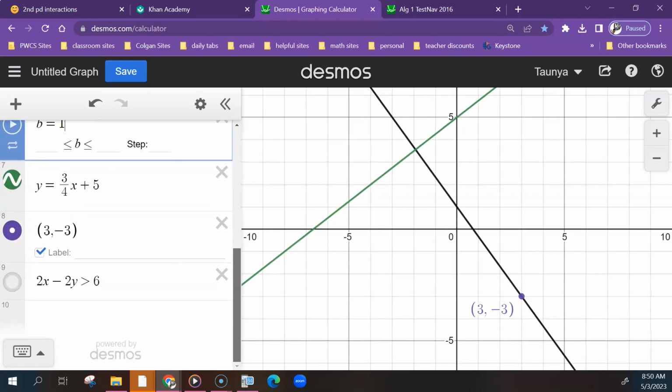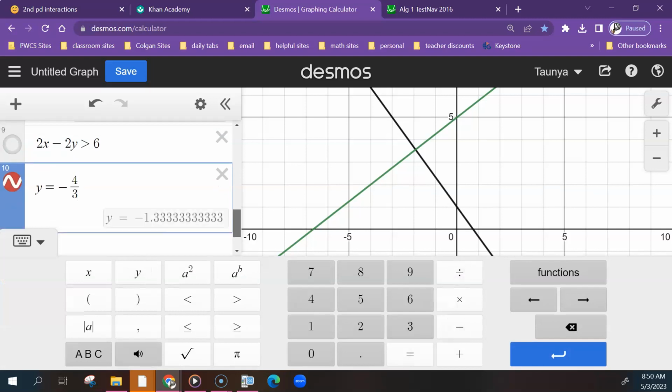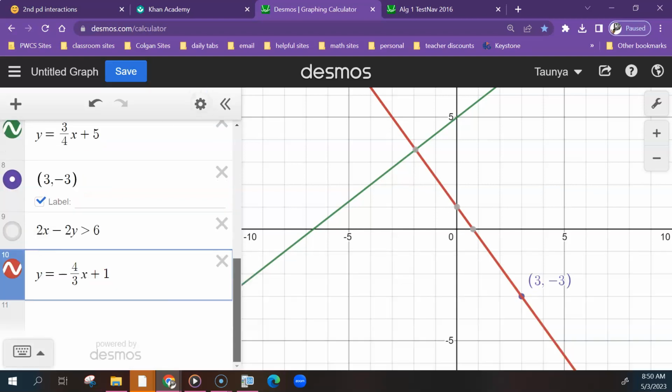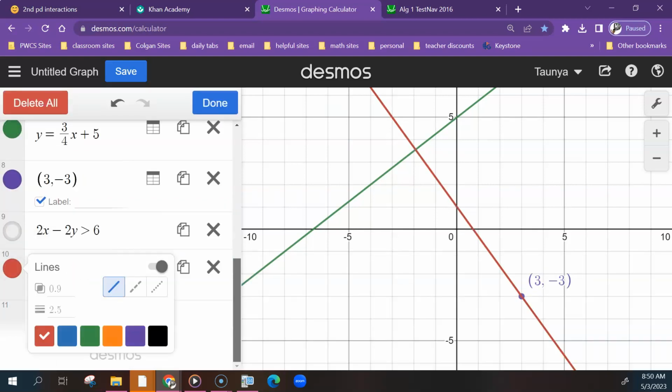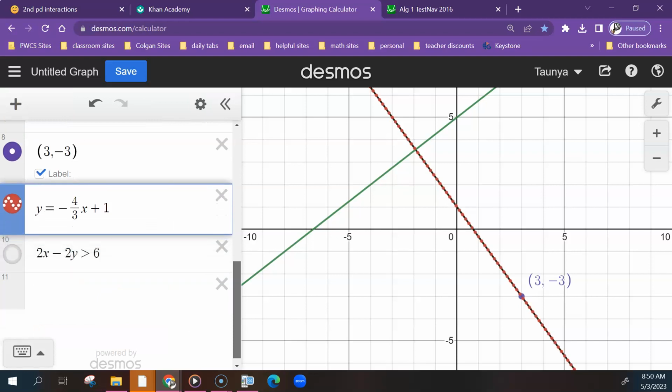So the equation for that, and I forgot to put this in there, would be y equals negative 4 over 3, x plus 1. Questions on that one?